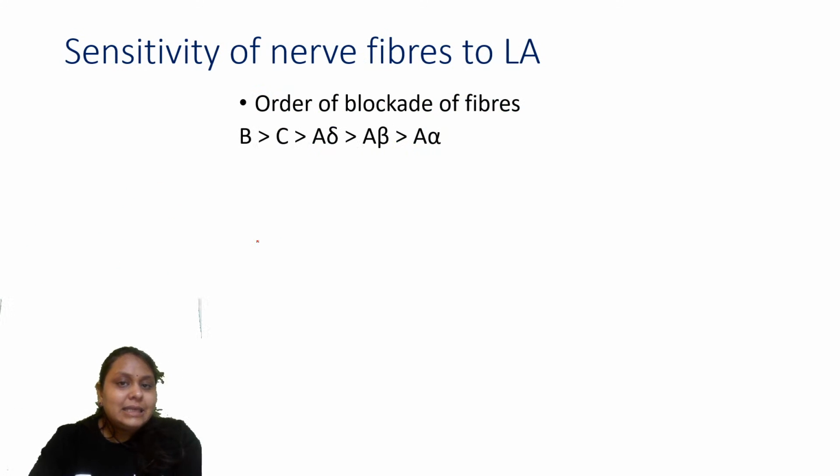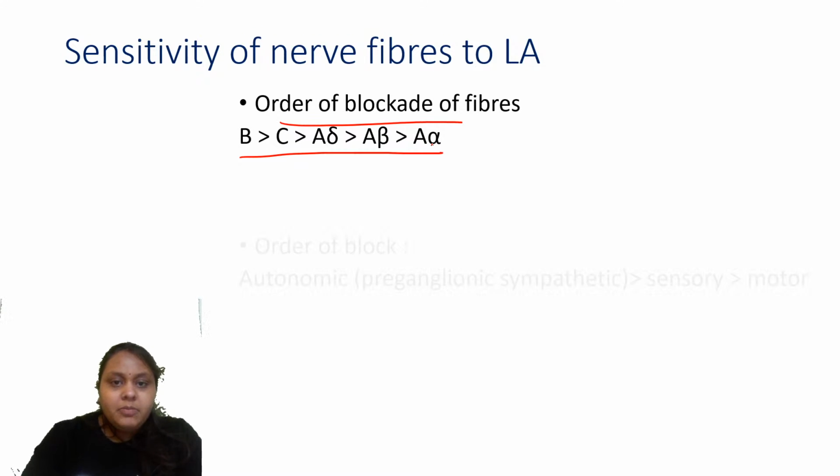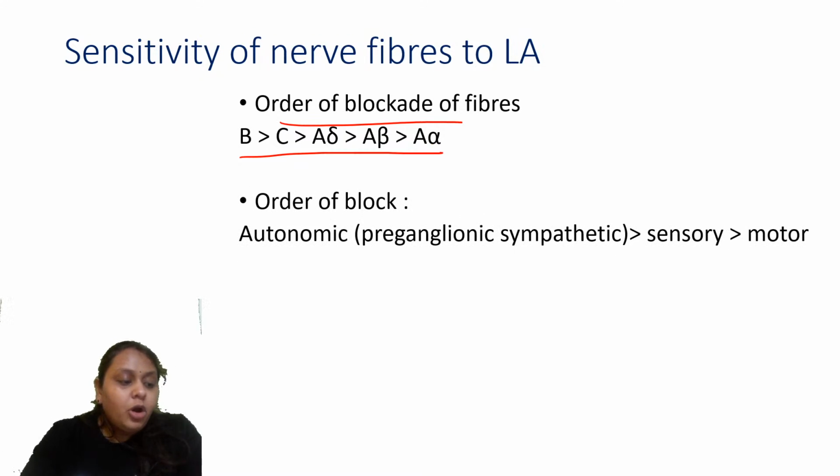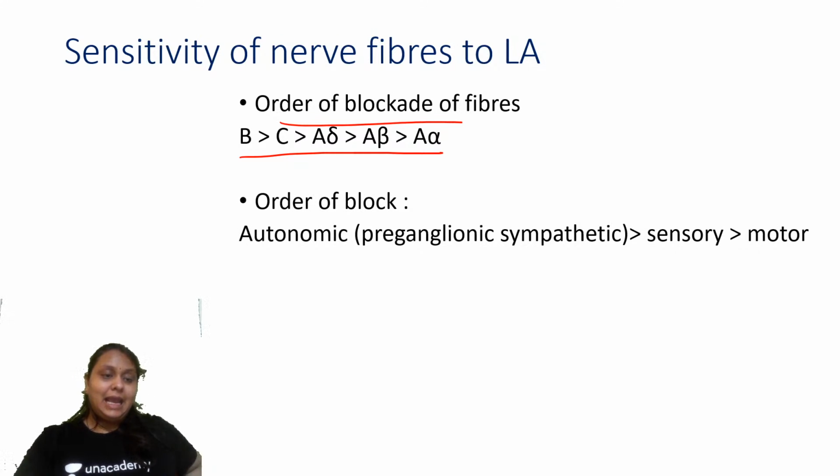So, the sensitivity of the nerve fibers, order of blockade, as I told you, is BCA. First the autonomic functions are gone, then the sensory, and then the motor component is gone. So out of these it should be A alpha.